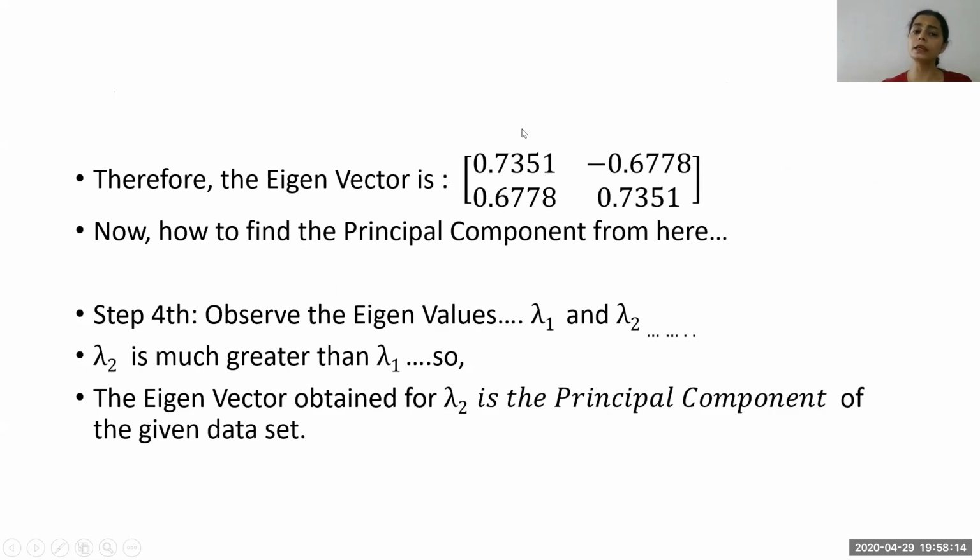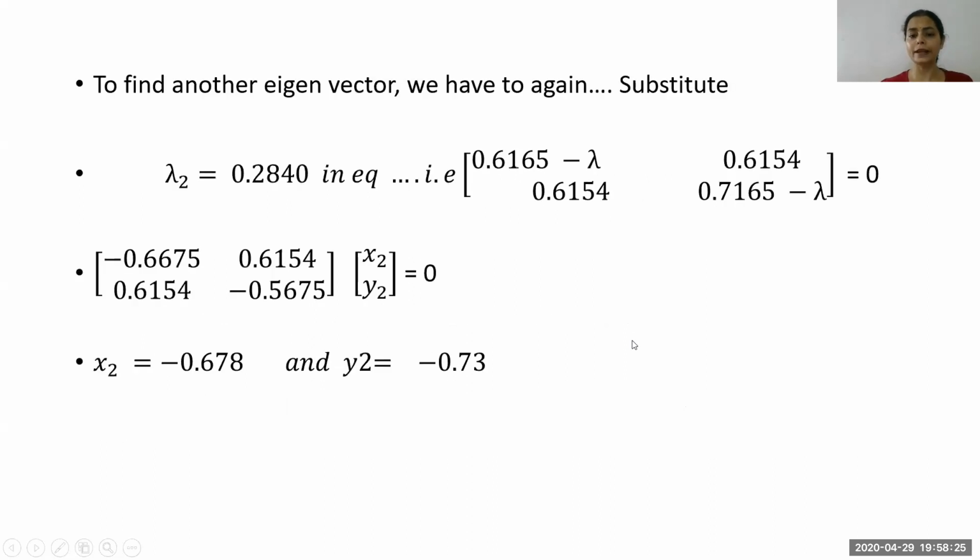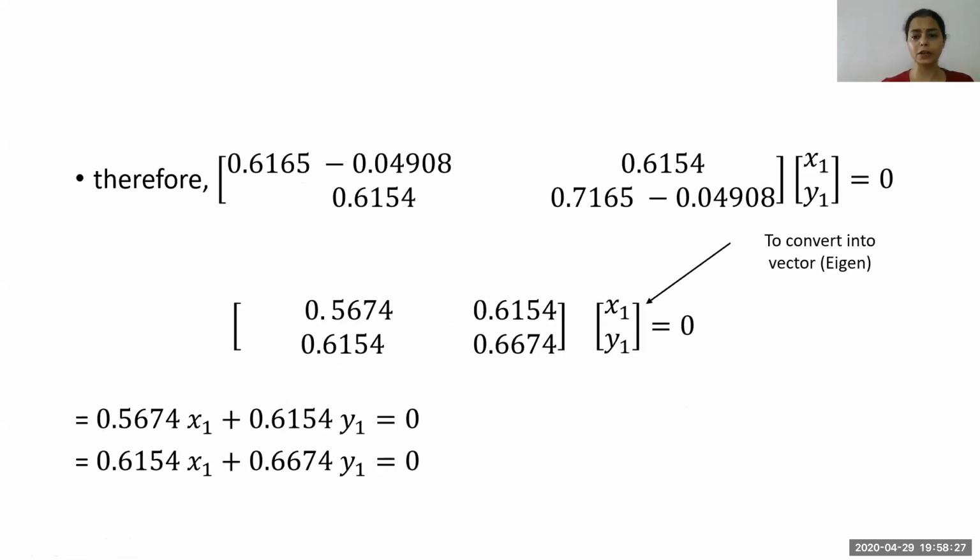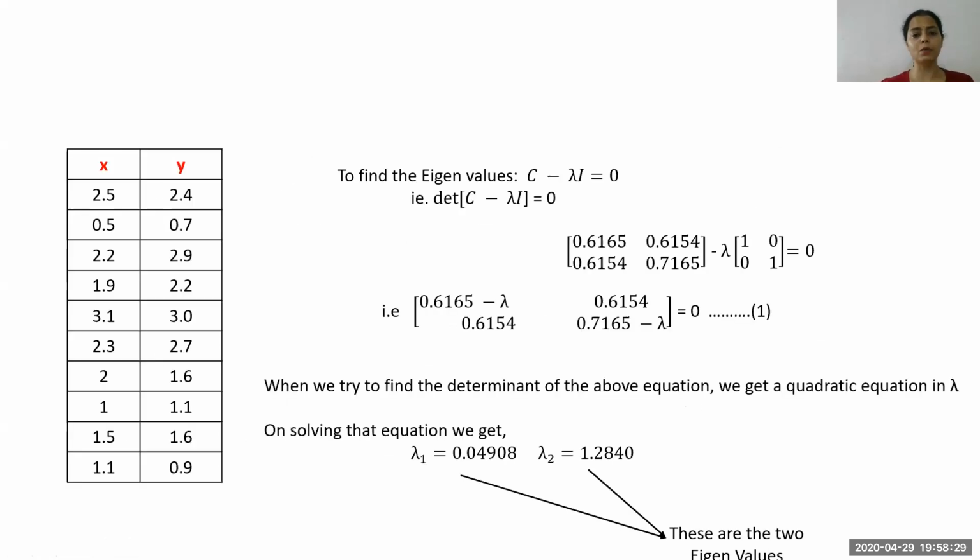Now we have got the eigenvectors. How do we proceed from here? We have to observe the eigenvalues lambda 1 and lambda 2. So let me take you back to lambda 1 and lambda 2. What are the values of lambda 1 and lambda 2? The value of lambda 1 is 0.04908 and the value of lambda 2 is 1.2840. Clearly, lambda 2 is far greater than lambda 1.